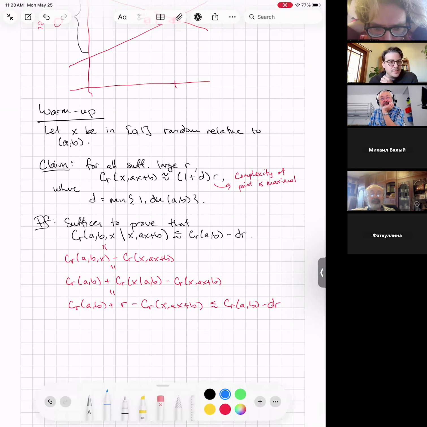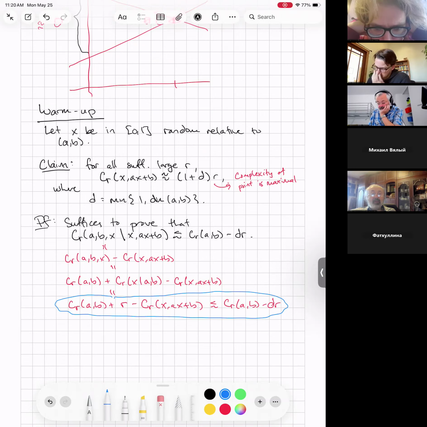R is the precision. And since x is random, the complexity of x given the line is maximal. It's R bits. Then the complexity of AB goes away, and we obtain 1 plus dr.